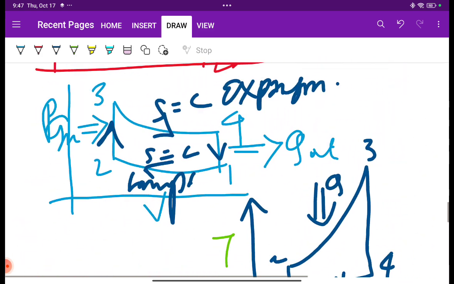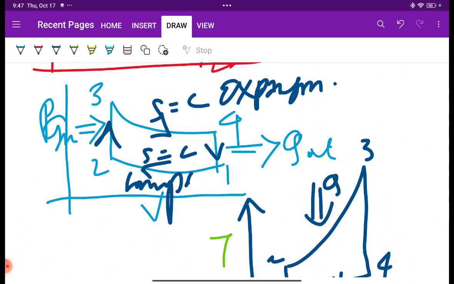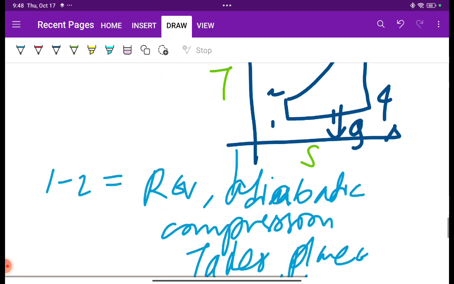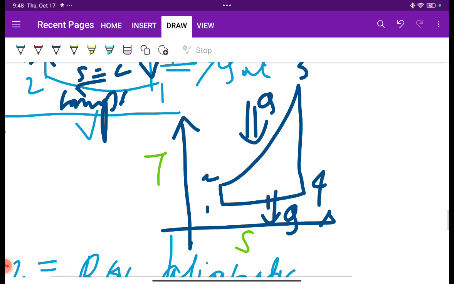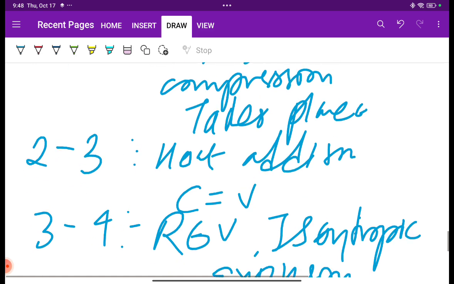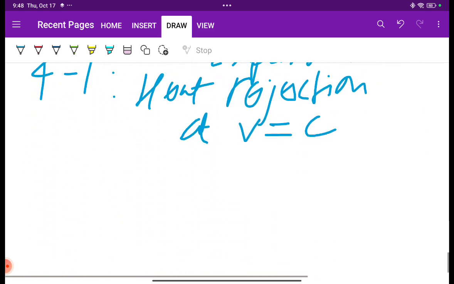So basically what happens, from 1 to 2, isentropic compression will take place, and from 2 to 3, heat addition at the constant volume takes place, and from 3 to 4, isentropic expansion takes place, and 4 to 1, heat rejection with the constant volume takes place. And same case with the TS diagram as well, temperature versus entropy diagram as well. So this is the Otto cycle.